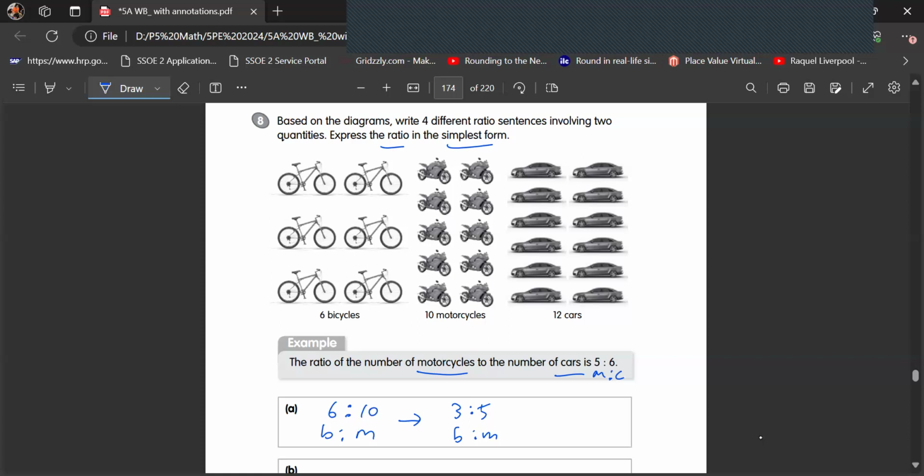Total number of cars. Unshaded, how many unshaded parts? We missed out counting the ones in two. Unshaded, that means the white color ones.